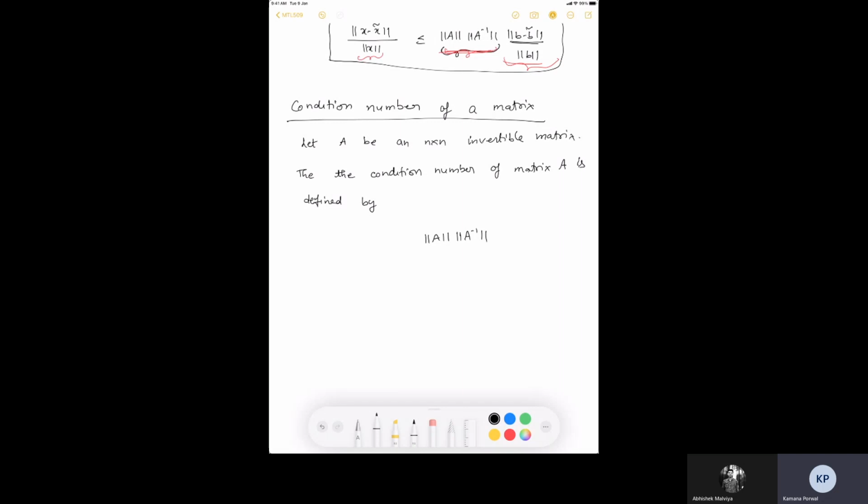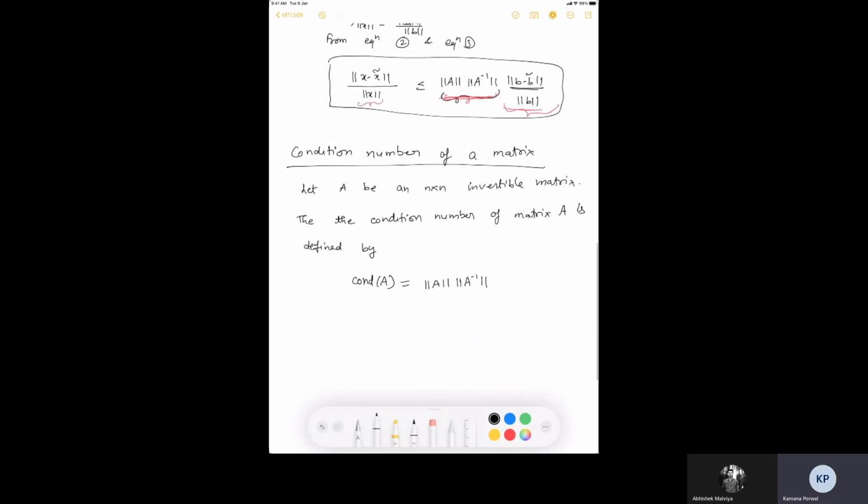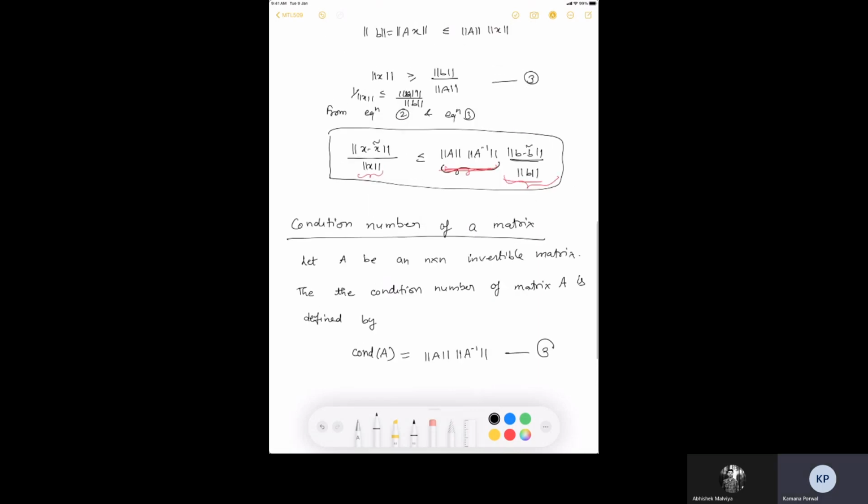Since A is invertible, A inverse exists. If you take the product of the norm of A and the norm of A inverse, this is called the condition number of A. The notation we use is COND, meaning the condition number of the matrix A. Let's give it equation number 4.